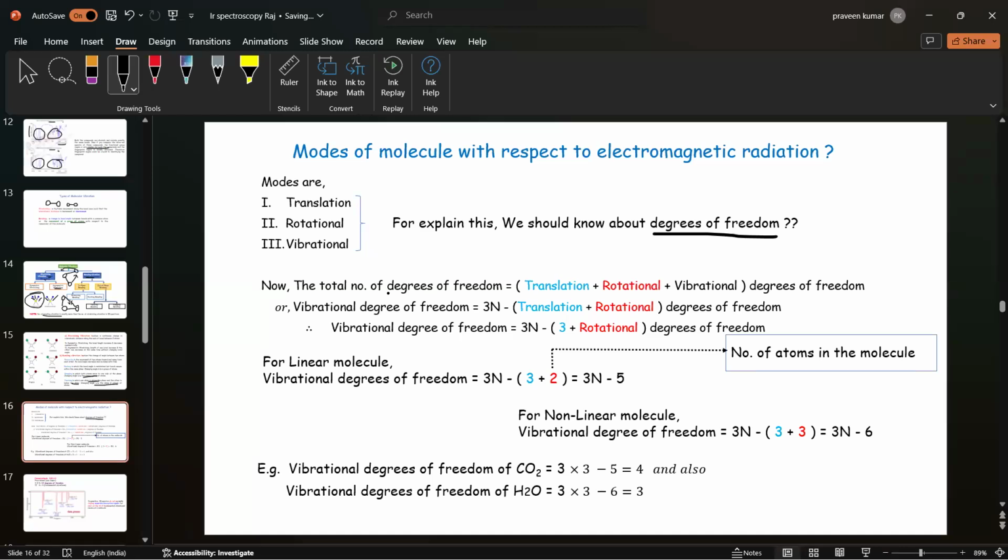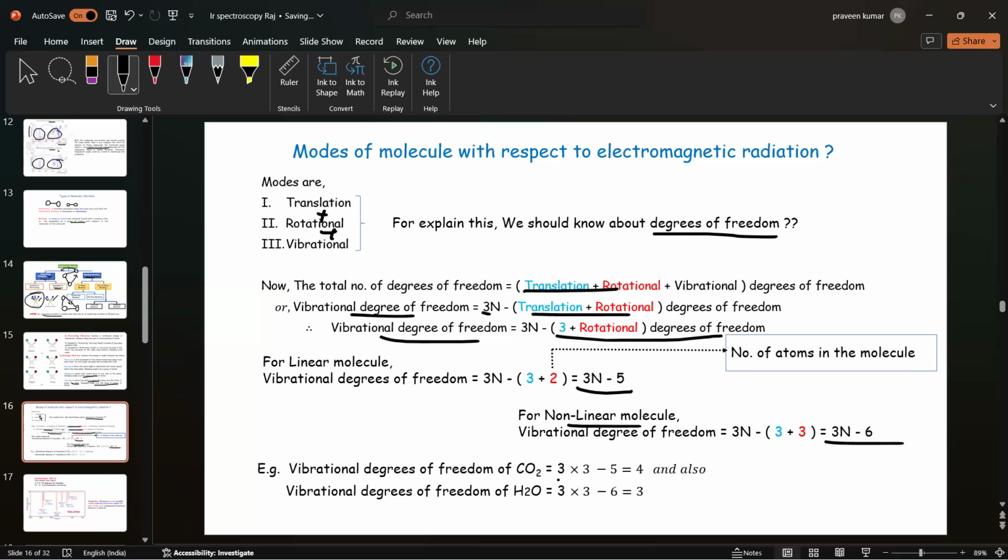The total degrees of freedom in a molecule is equal to translational plus rotational plus vibrational. So the vibrational degrees of freedom is equal to 3N minus translational minus rotational, which is 3N minus 3 plus rotational degrees of freedom. For a linear molecule, it is 3N minus 5. For a non-linear molecule, it is 3N minus 6.